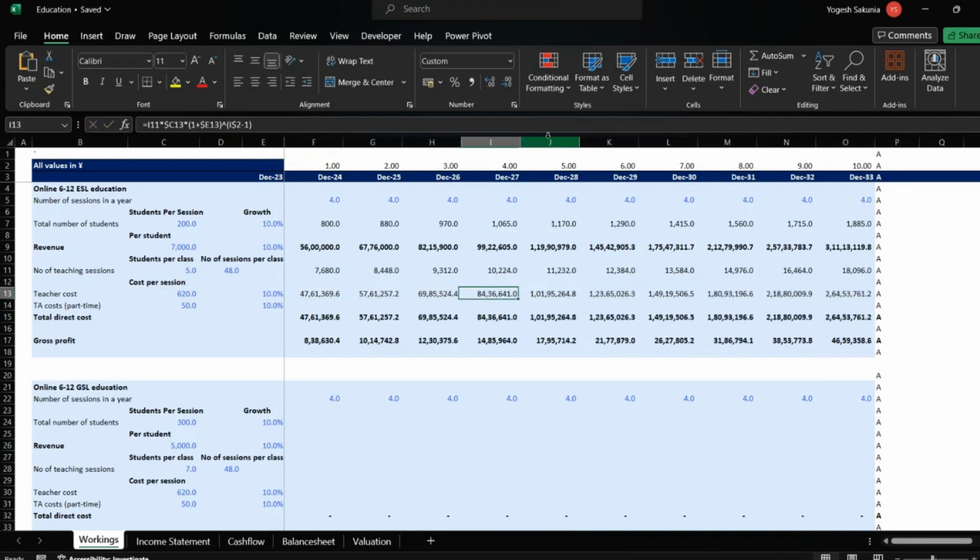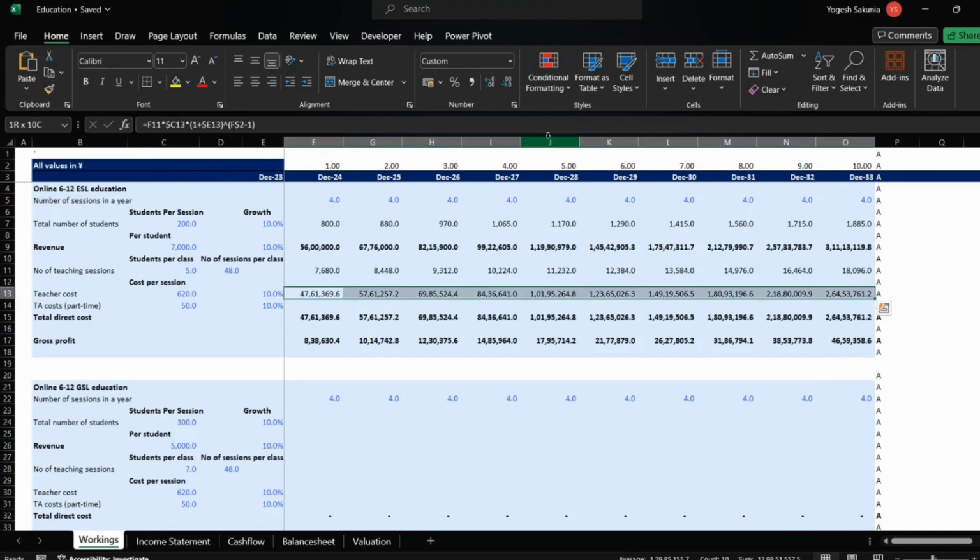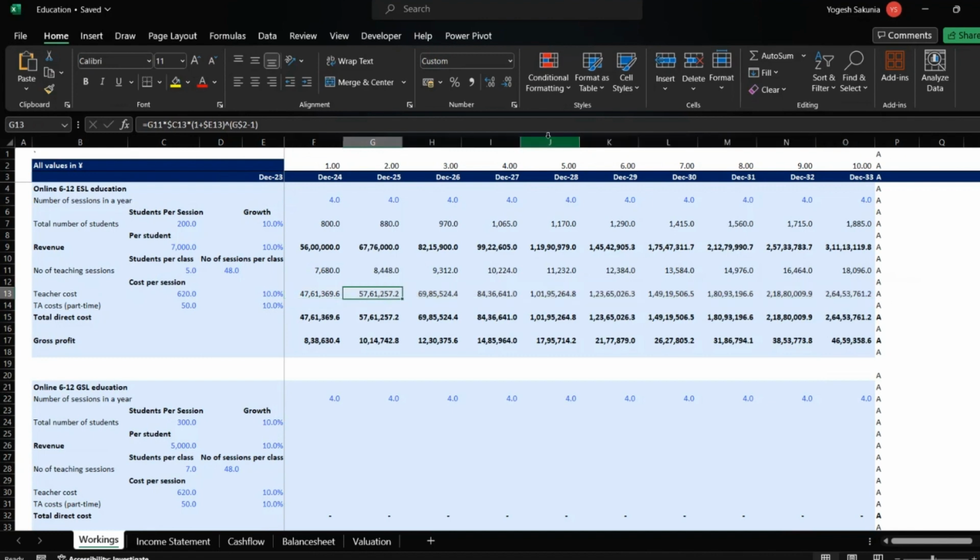Now, if you see, we've put some kind of a reference here so that once we have put the formula, we can just do Control Shift right arrow and take it till there, right? If it is for 20 years, 25 years, 30 years, then obviously the dragging becomes difficult. You cannot keep dragging one by one. So that is one of the other things that we do with a model.